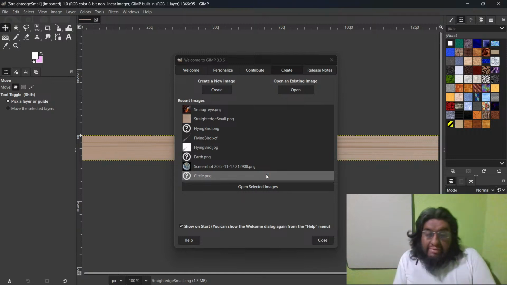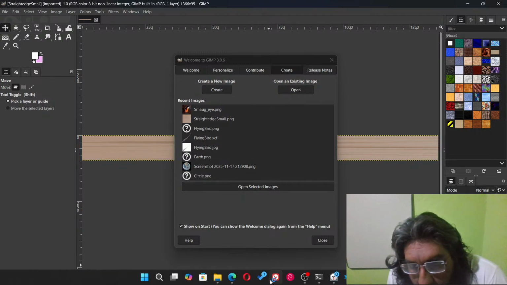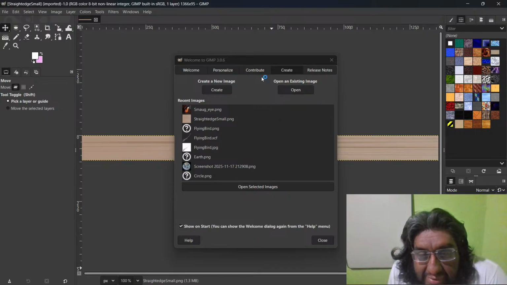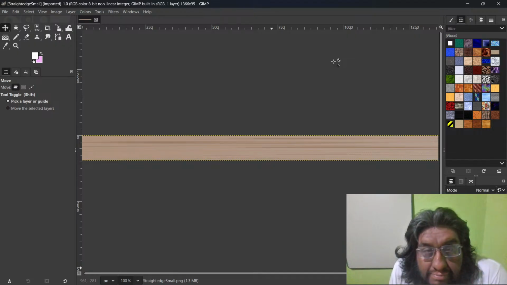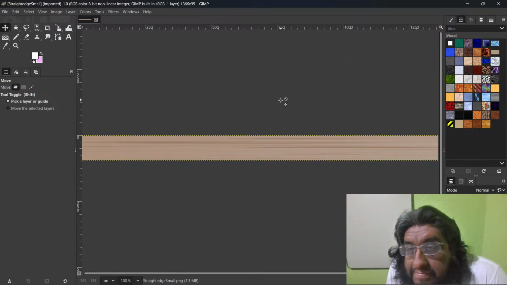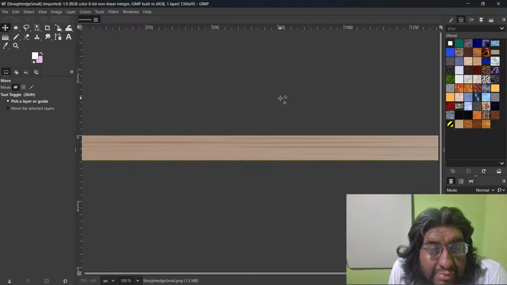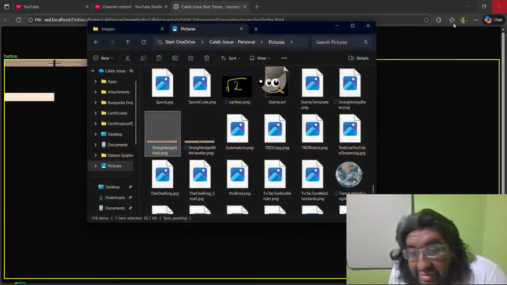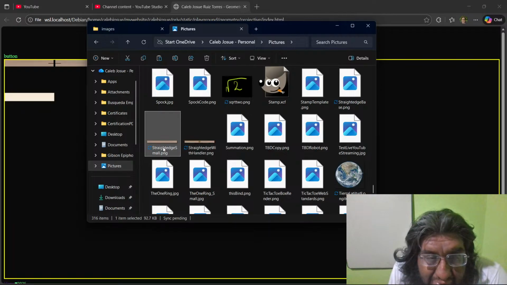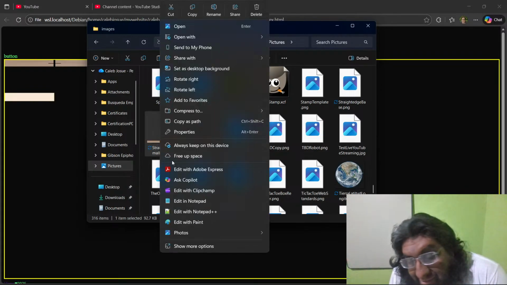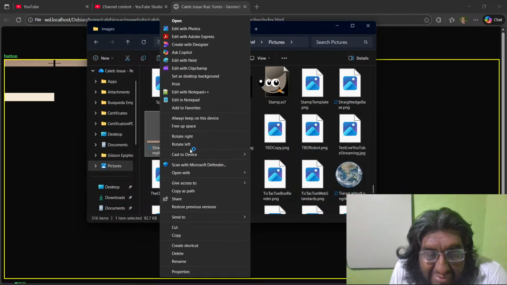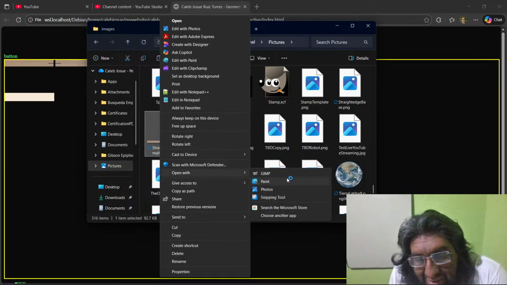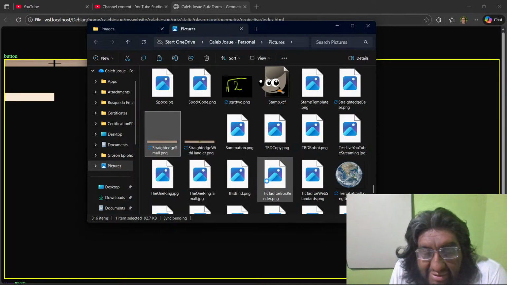My eyes are itching. Okay. You can do this on GIMP, but I'm going to do it in Paint because in GIMP I haven't resized a lot of images.